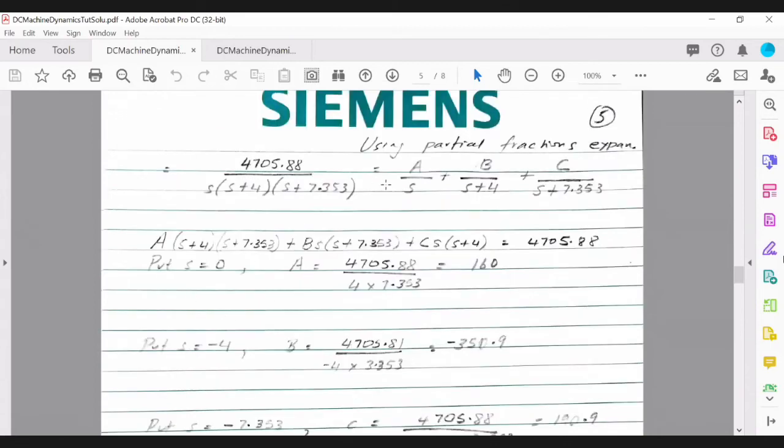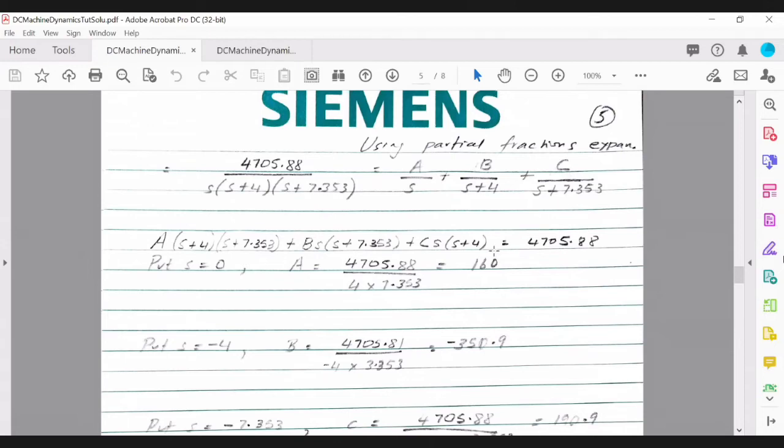you'll have to apply partial fraction expansion again. So now when you expand those, you see you have three terms in the denominator there. So when you expand this into three partial fractions, you have A over s for the first term, B over s minus 4, that's your second term in the denominator, and C for the third term in the denominator, right?